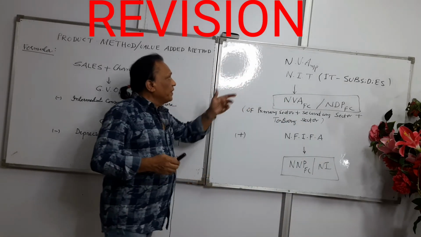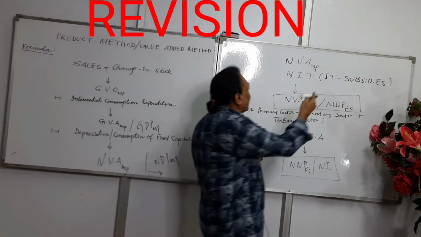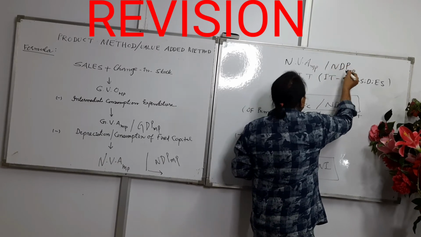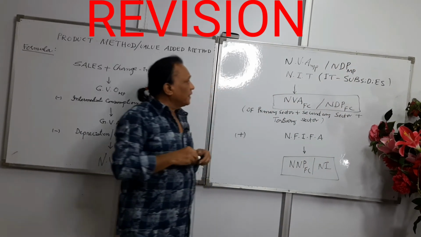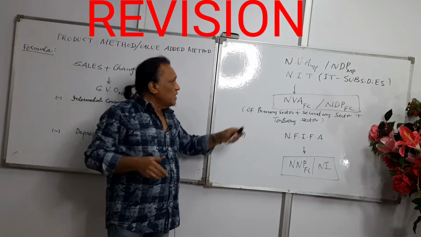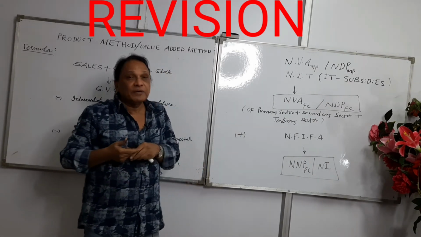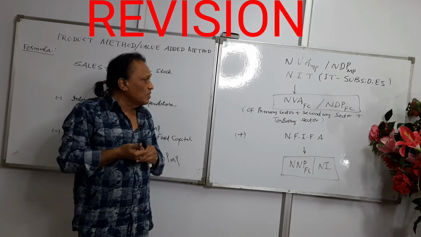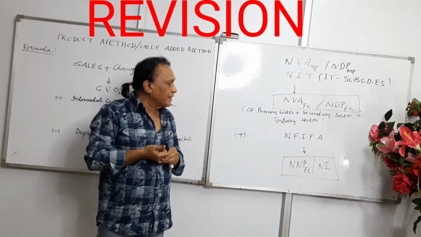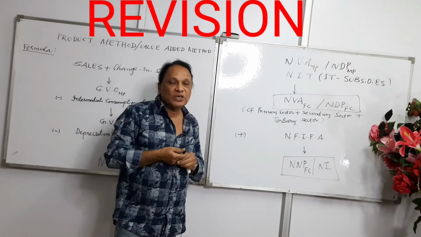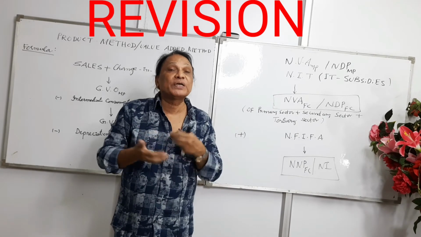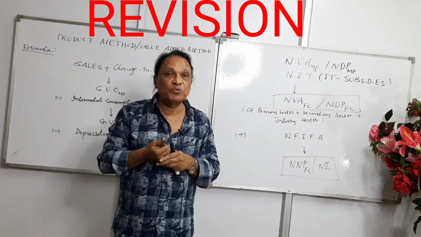From this you subtract NIT, net indirect taxes, indirect taxes minus subsidies, and you get NVA at FC or NDP at FC, which is of primary sector plus secondary plus tertiary sector. To this you add NFIA, you get NNP at FC or national income. These are the same steps, but we are putting values here. This will help you for numericals.